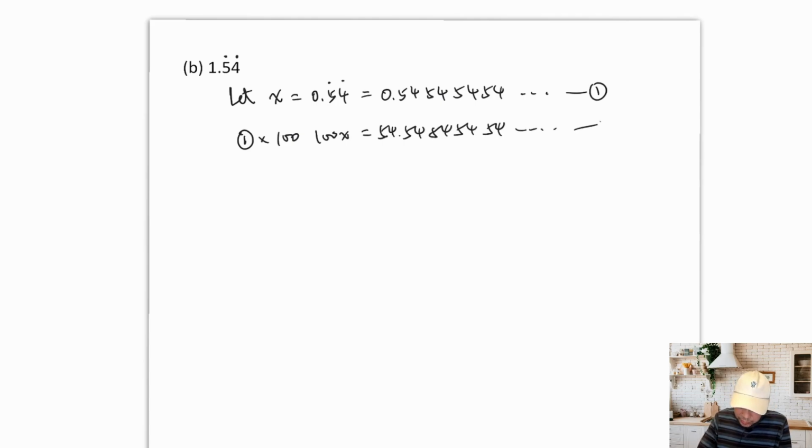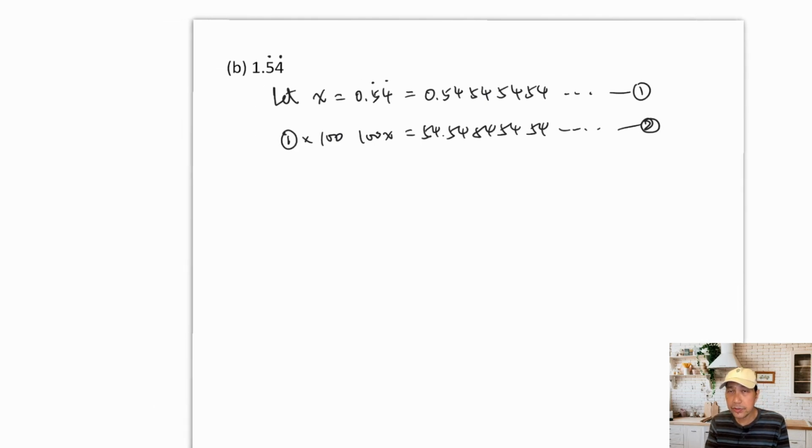We need to multiply by 100 in this question rather than 10 as in the last question, because if we just multiply by 10, it will become 5.454545. So the ending will not be 545454. Instead, it will become 4545. So we cannot eliminate the end. So in this particular question, we need to multiply by 100.